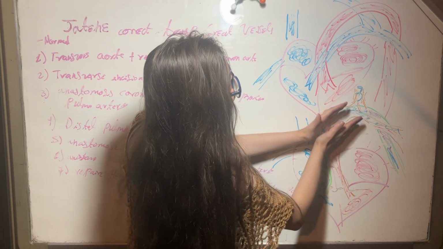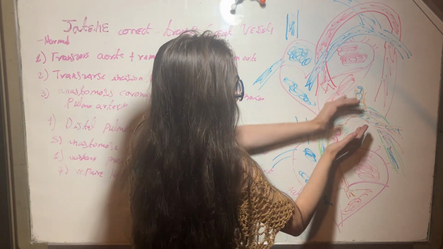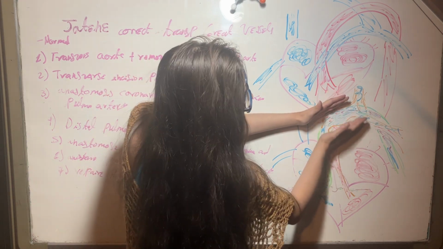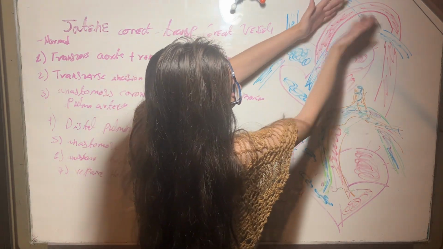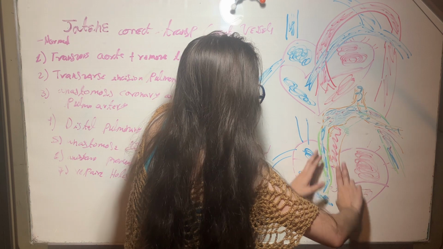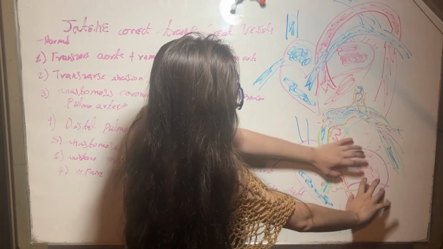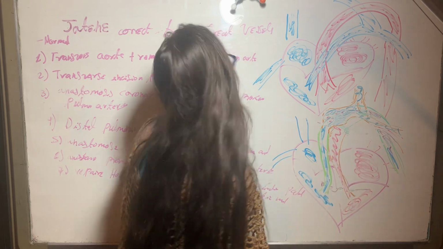And in the distal part, the distal pulmonary artery is to the right of the aorta, which is the other way around here, but now the pulmonary artery is connected to the right side and the aorta is connected to the left side.